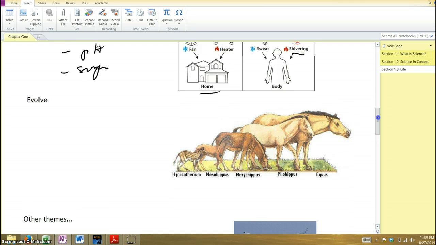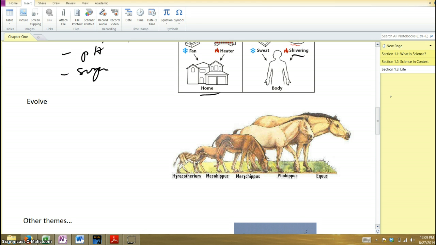Living things evolve, and so here you can see this is the, if you will, the hypothesized family of horses looking at the fossil record. They've gotten larger over time. And one thing we want to keep in mind with this process that is changing over time is that this is what happens to species, not individuals.